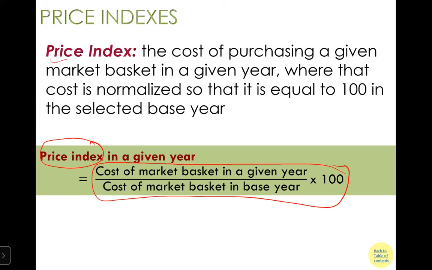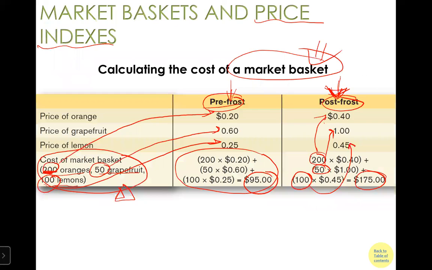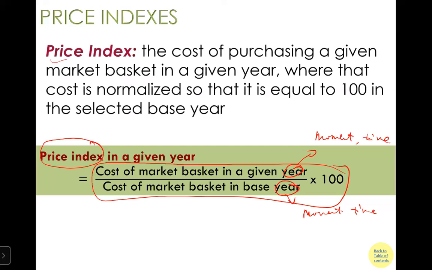This year you can change to a given moment or given time, and this base year you can say is the base moment or base time. The same sense, right? Now, in the previous example, let's just copy paste the cost, right? So 95 versus 175.